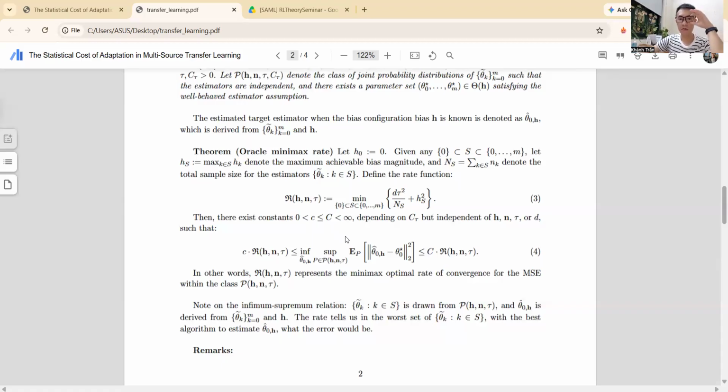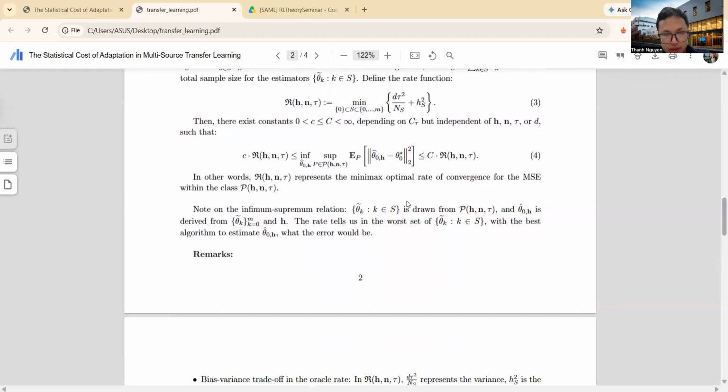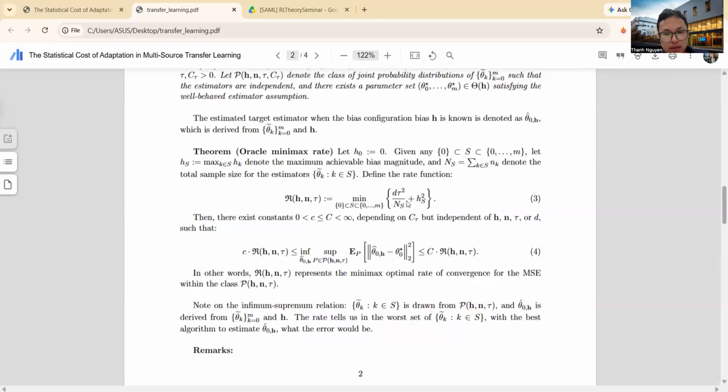Yeah, that's very interesting. So basically, number three says it's not always useful to use data from all sources. The point is about balancing bias and variance, not about just blindly reusing the data from all sources.